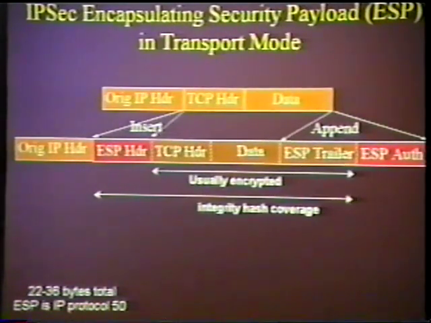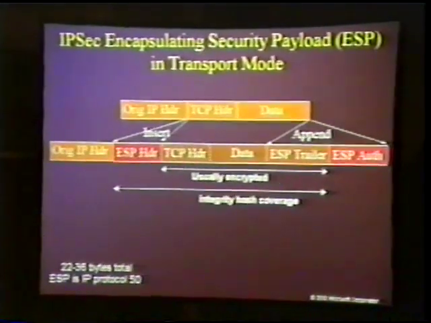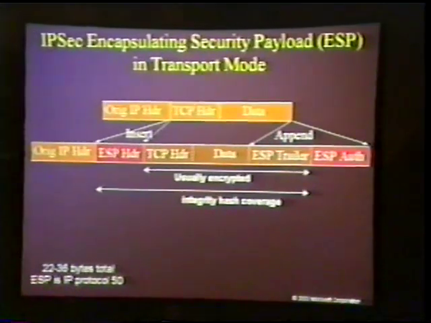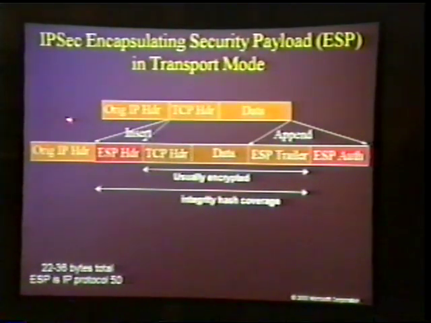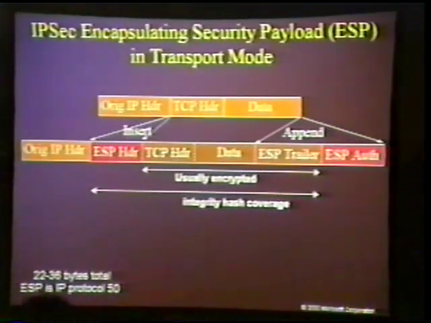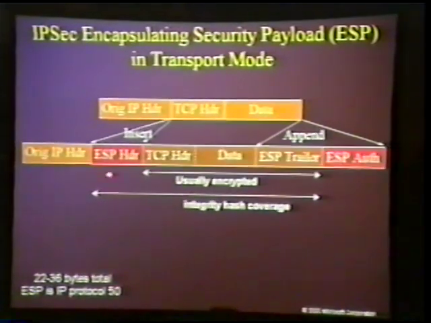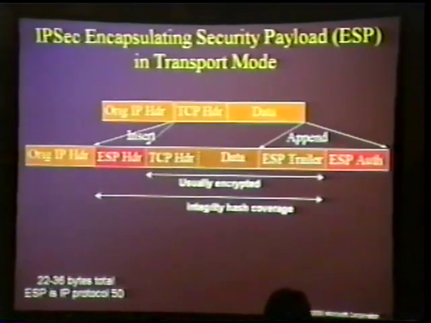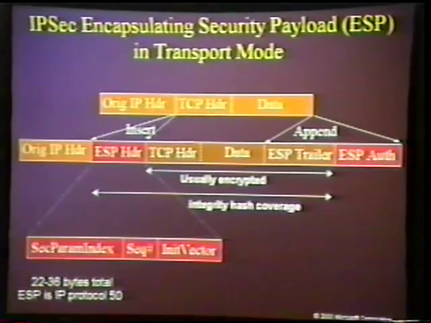Okay, so this is very similar to the same diagram as what we saw before. This is going to show what happens in transport mode. What we do is we maintain the same IP header with the exception of the data length fields. The ESP header is inserted, and this is what's in an ESP header.